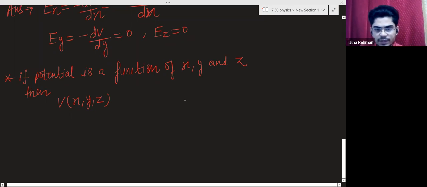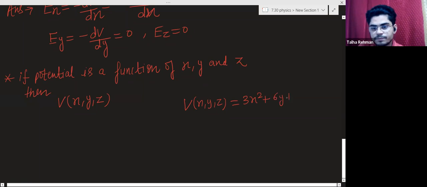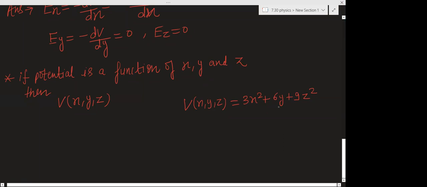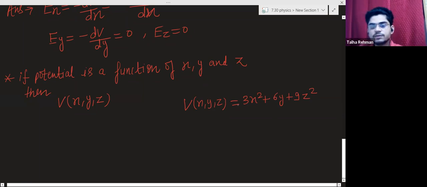Like I can write V of x, y, z as 3x squared plus 6y plus 9z squared. So here, what can I say about the potential? Potential is changing in x direction, also in y direction, and also in z direction. Means potential is changing in all the three directions.